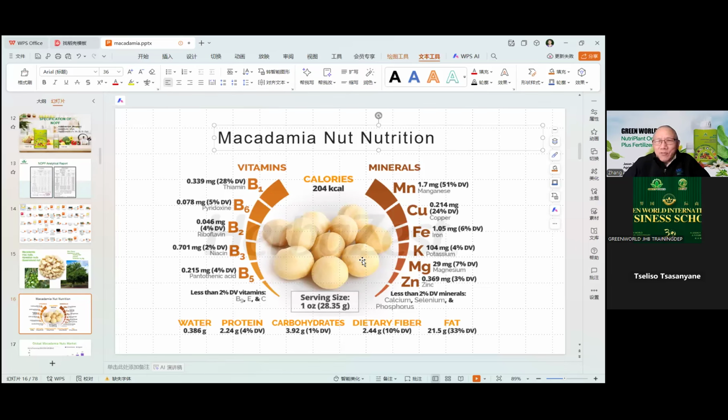Why do we need to take vitamins? Why do we need to take minerals from your food or your supplements? Why do we need to take Greenwood nutritional supplements? Because the body needs almost everything. You can get these nutrients from your food, but you cannot get all the food from around the world.